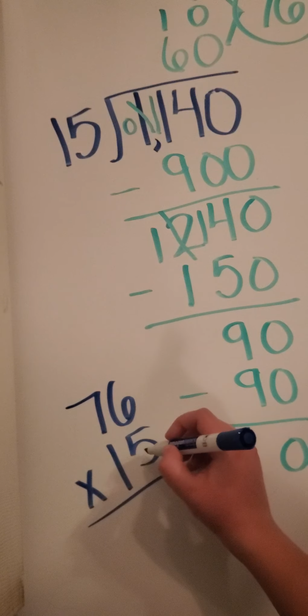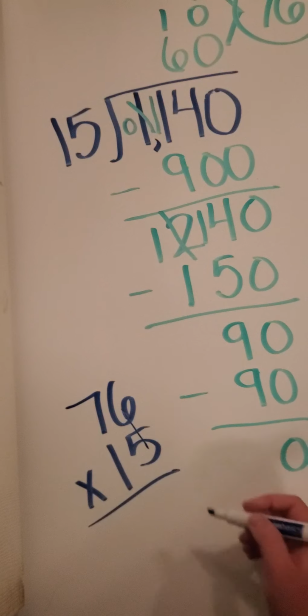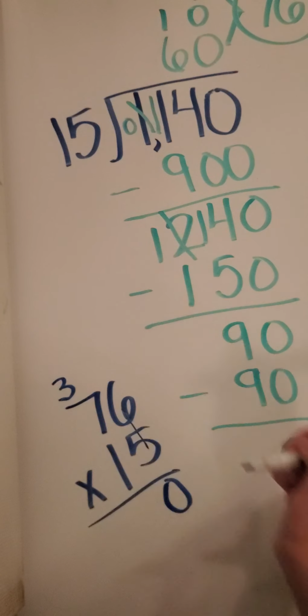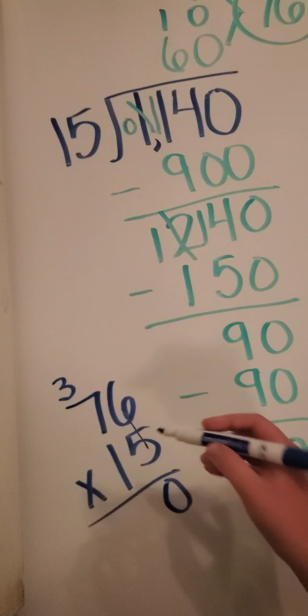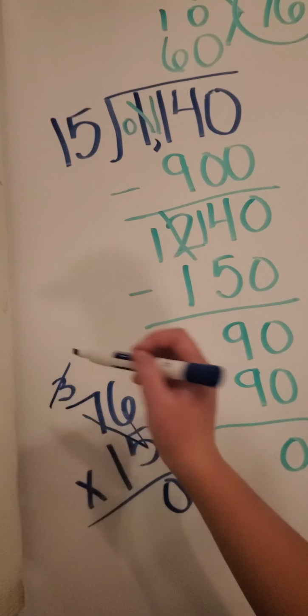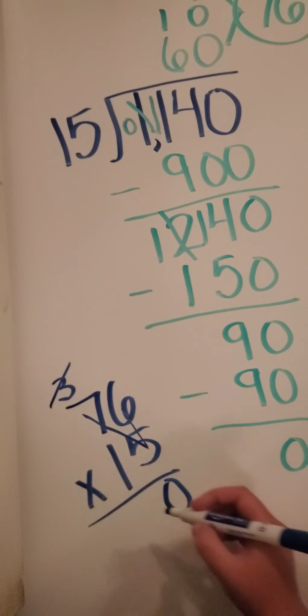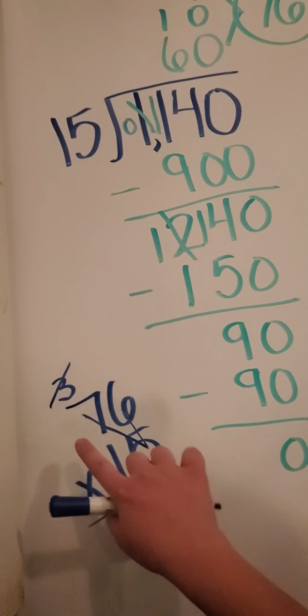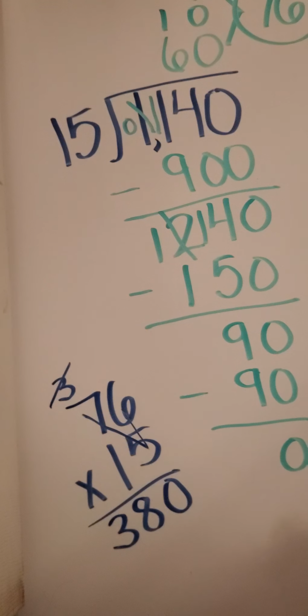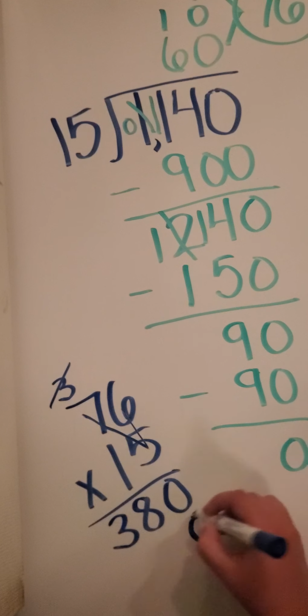So, starting with the ones, 5 times 6 is 30. Put the 0, carry the 3, or the 30. 5 times 7, 35, plus 3, 38. Now I don't have a hundreds place, so I can go ahead and put that 3 right there. Remember, I need to drop a 0.